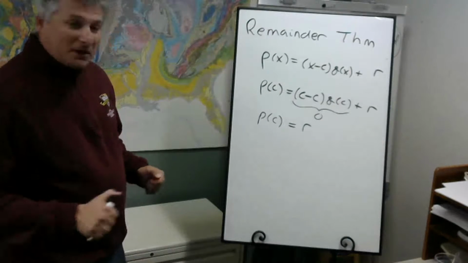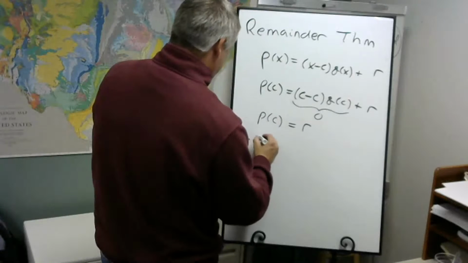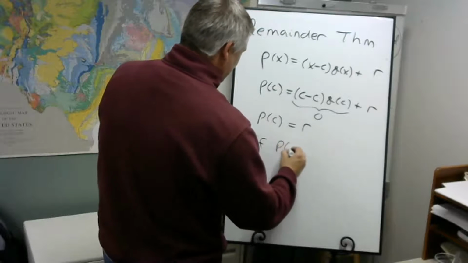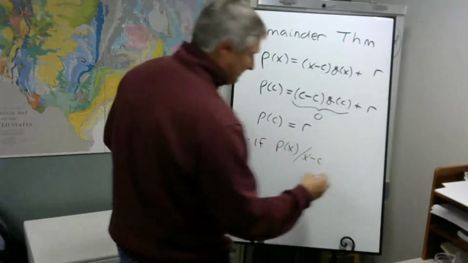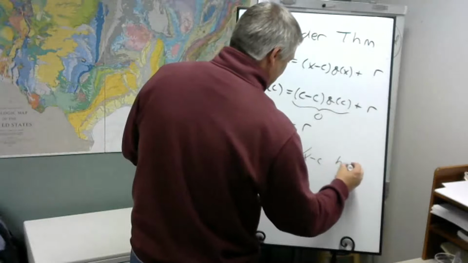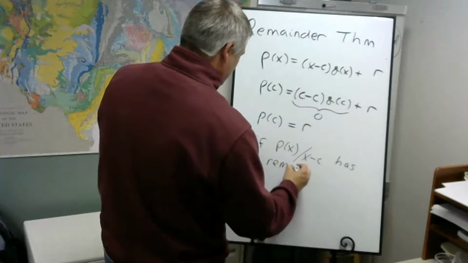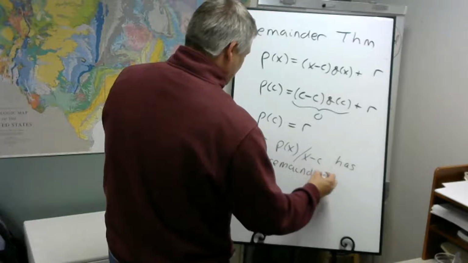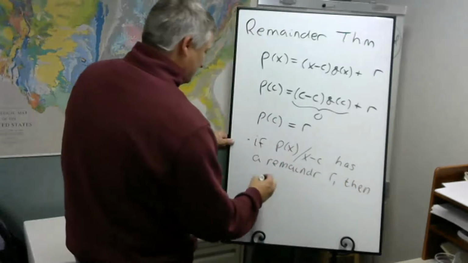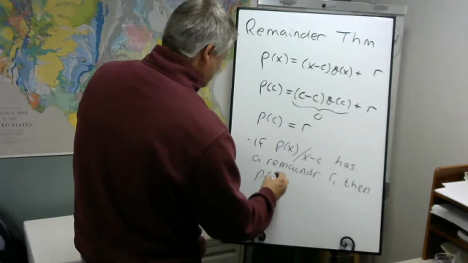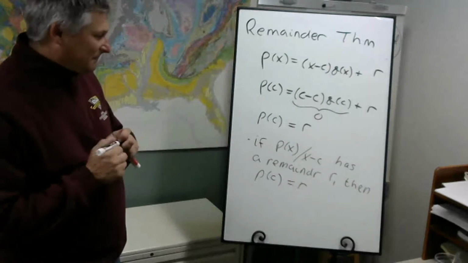So here's the idea. If P of x divided by x minus c has a remainder R, then P of c is equal to R. That's it.